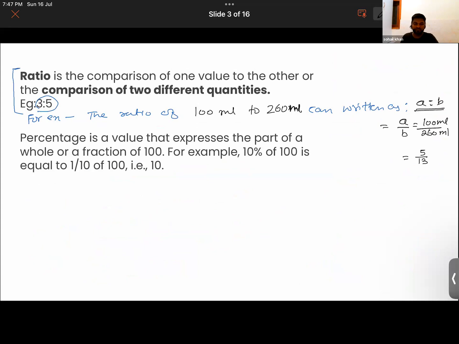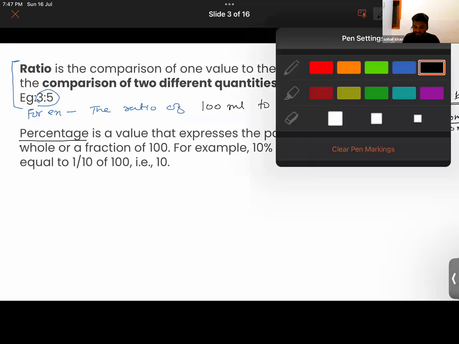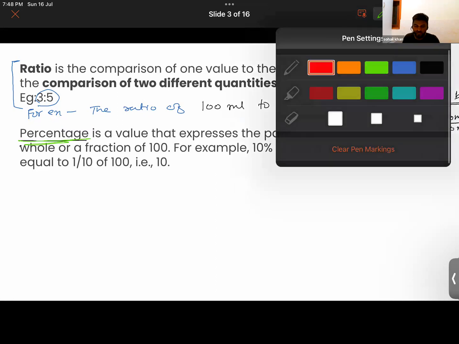Now talking about percentage. What is percentage? First, let's decode this word percentage. It is made up of two words here.